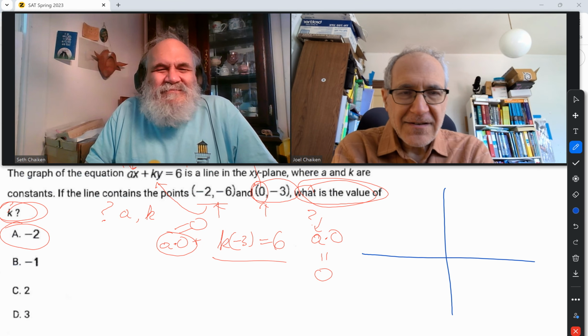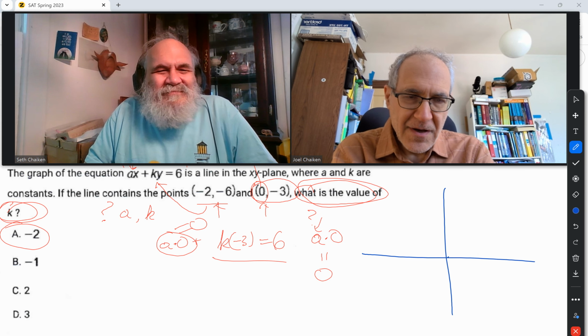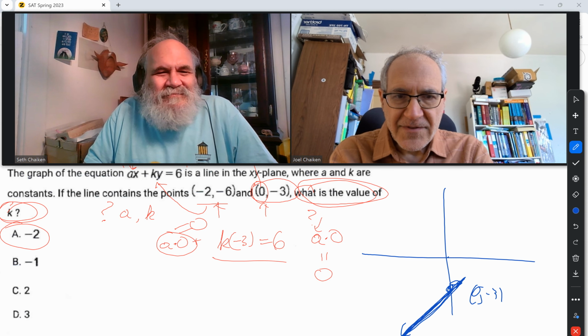In hindsight, I would have tried graphing the points (0, -3) and then (-2, -6). Oh, I see. So one way to do the problem, which is really not the best way to do it, is if you have 2 points, you can write the equation of the line.